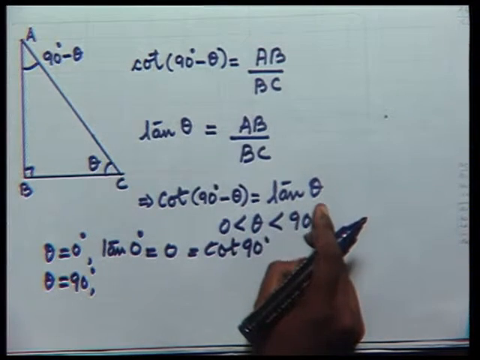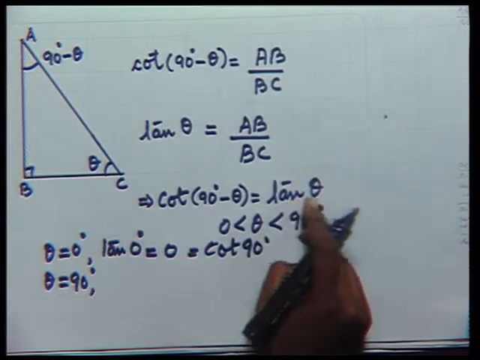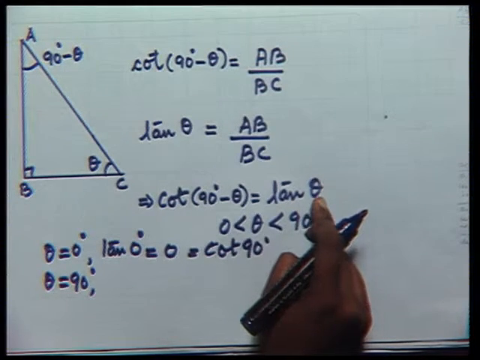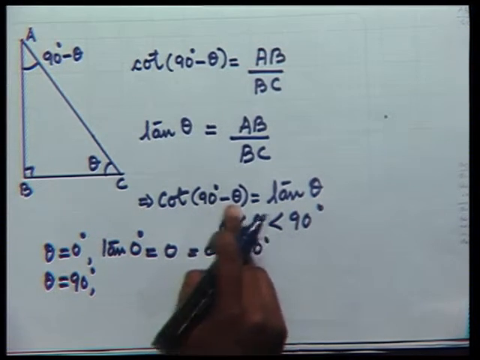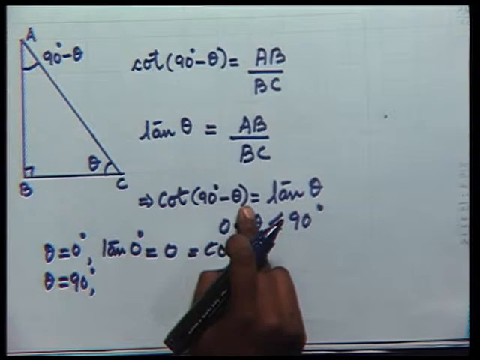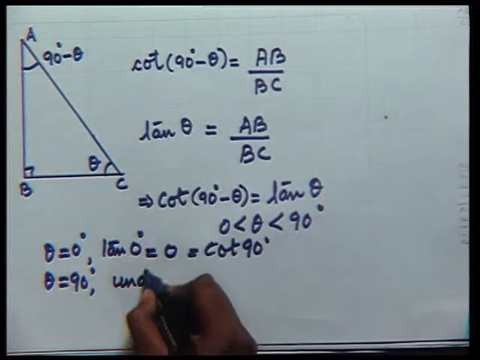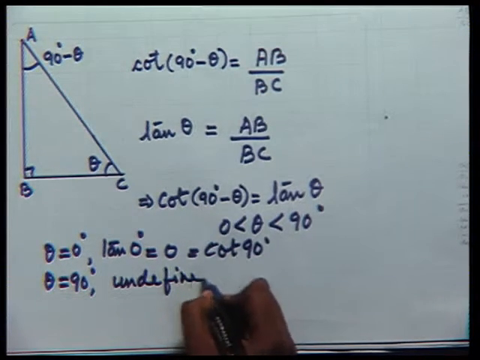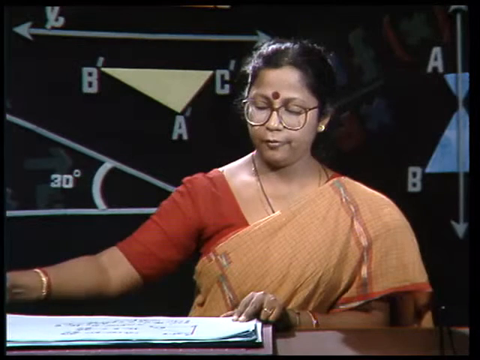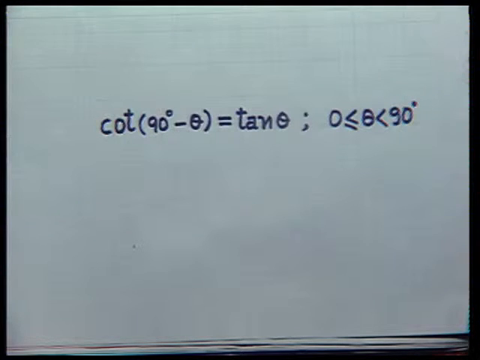When theta is equal to 90 degree, then tan 90 is not defined and cot (90 minus 90), that is cot 0, is not defined. So, for theta is equal to 90 degree, the equation is undefined, you can say. Hence, we have cot (90 degree minus theta) is equal to tan theta whenever theta is greater than or equal to 0, but less than 90 degree.